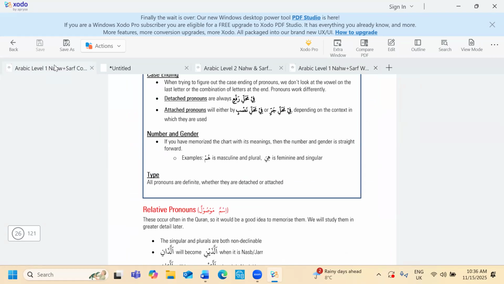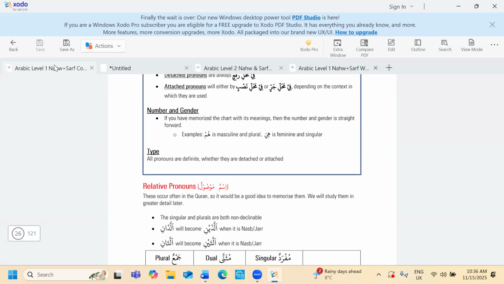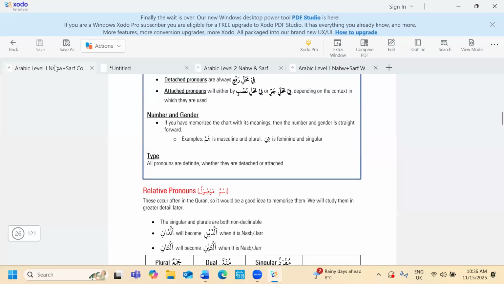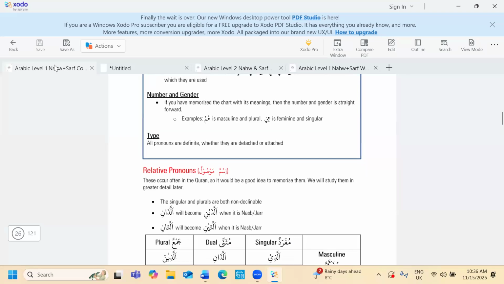You have to describe them in a different way. So you describe them by the ending. So you say mabni ala fatha, and then really fi mahalli, in the place of it being rafa. That's what it's just saying. It's just another way of describing it. That's all. So for now, I just want you to say rafa, nasb, and jar, and you wouldn't be wrong.